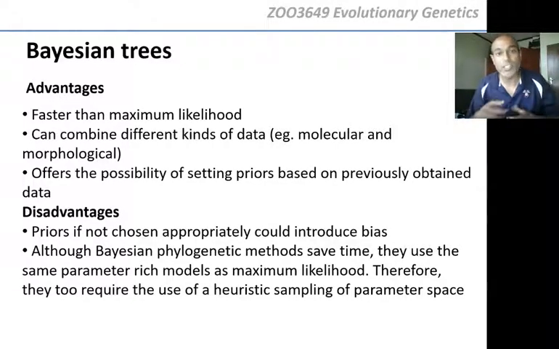It's too parameter rich to actually do, even if it's within the prior limits. It still can't calculate every single possibility. It still needs a cheat. It still needs a heuristic Markov chain to converge to sample the parameter space.